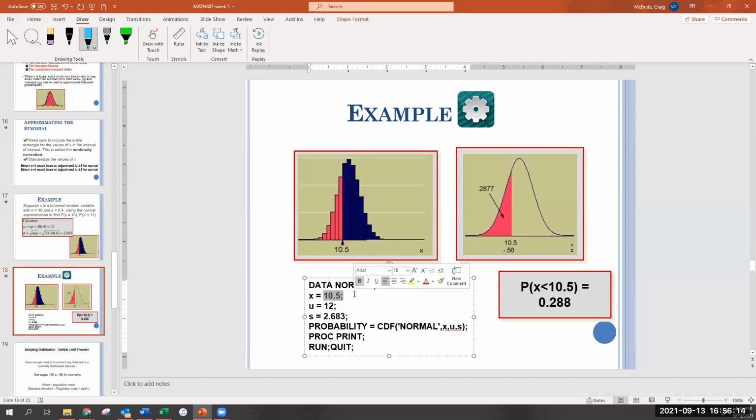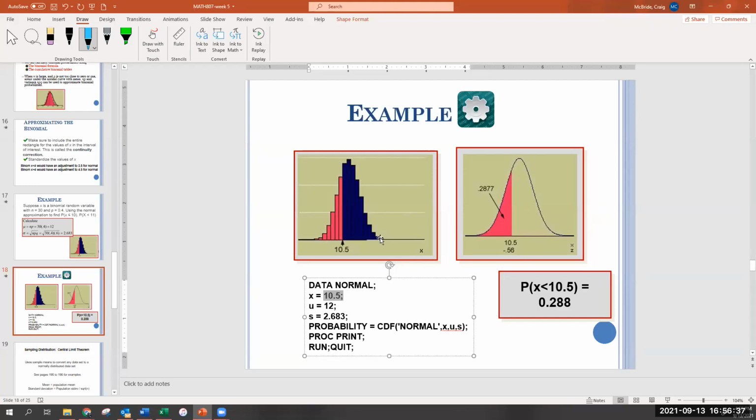So that's going to be the hardest part about doing these approximations, is figuring out, do you add a half or subtract a half? And it's all about just take a second, draw a quick picture with some bars, figure out if you're less than or equal to, what's the last bar that you have? If you're strictly less than, what's the last bar you have?